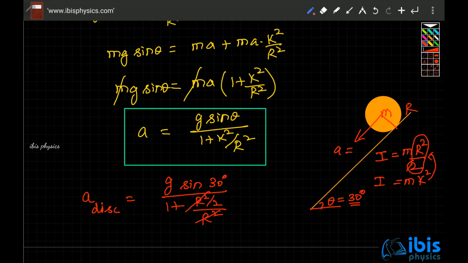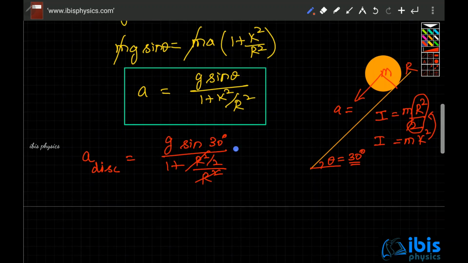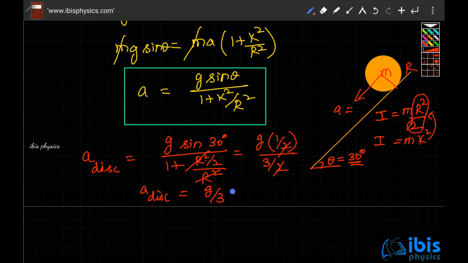Essentially these two r squares will be cancelled. So we get g into sine 30 degrees, which is 1 by 2, divided by 1 plus 1 by 2, which is 3 by 2. These two will be cancelled. So the acceleration of a disk down an inclined plane of inclination 30 degrees will be equal to g by 3. That is how we will be using this relation.